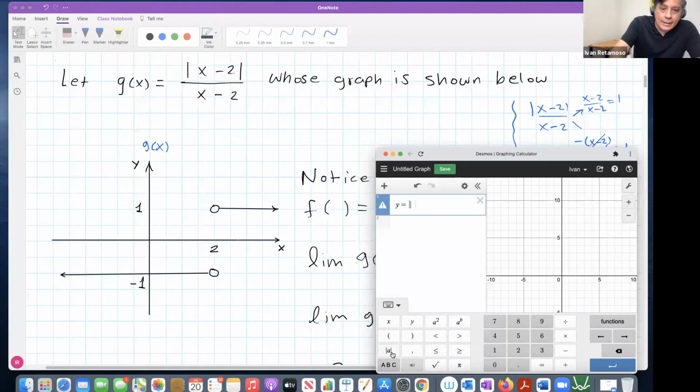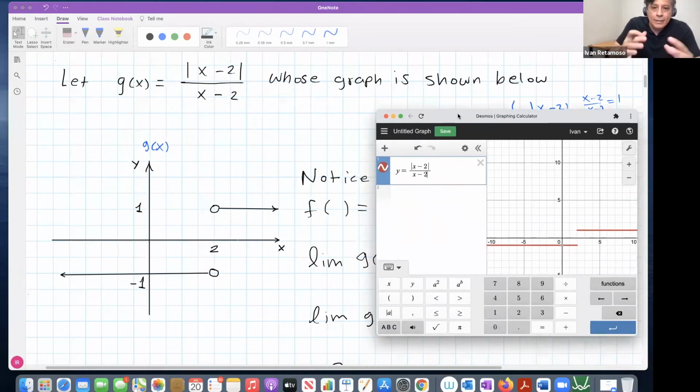Absolute value of x minus 2, and then the trick, highlight, slash x minus 2. I'm giving you all these tools, guys, because in calculus, unless you have all your tools, unless you are constantly checking what things should be, it's not going to make sense easily to you, right? So use your tools. Look here, this is the graph. This is this piece, this is this piece, right?